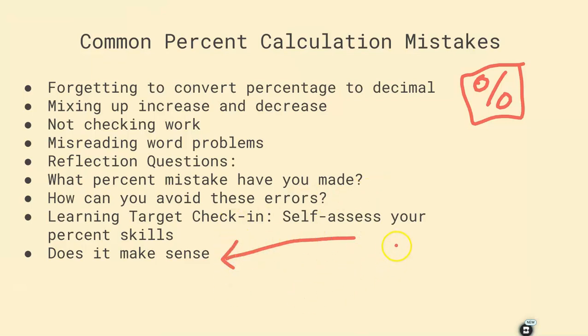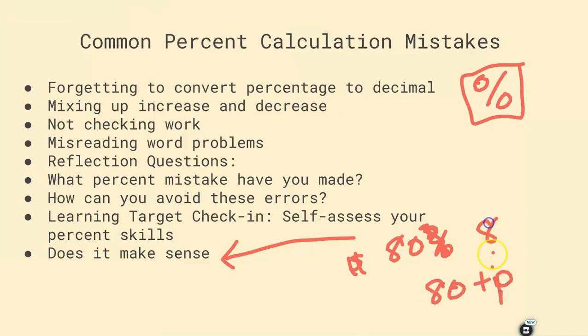If my dinner is $80, and I'm going to pay a 10% tax, I'm not going to pay $80 in tax. I'd pay $8. That's what happens when we don't use our decimal point or percent. So always ask yourself, does that make sense?